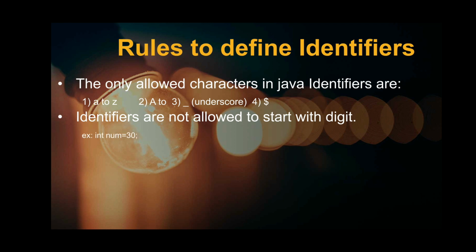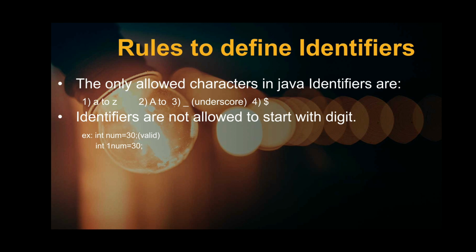For example, if you create one variable int num = 30, it's valid. Why? Because here num is an identifier or variable, and we are using only small letters a to z. So it's valid. Now int 1num = 30.